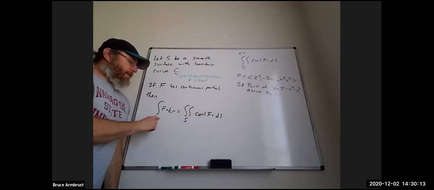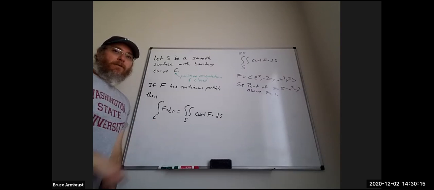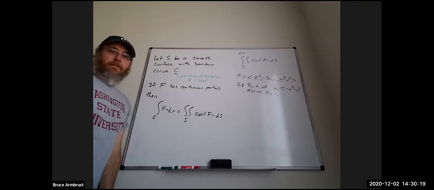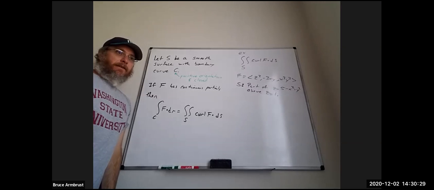All right, so first of all, let's think about the boundary curve. What is the boundary curve to this surface? Can you visualize what it looks like? Wouldn't it be a disk? Okay, so it is a disk. It's a circle.